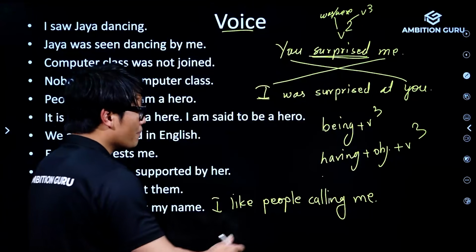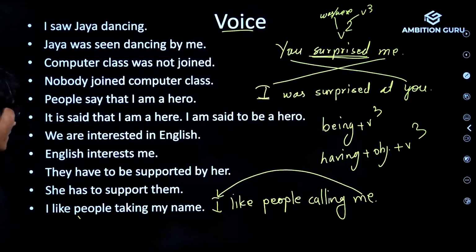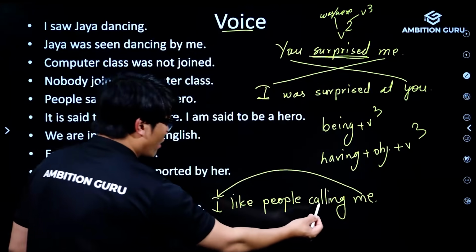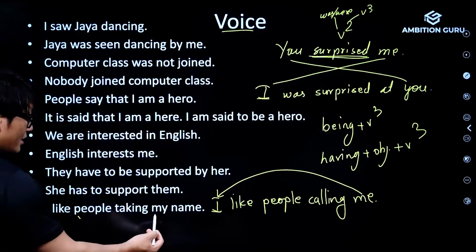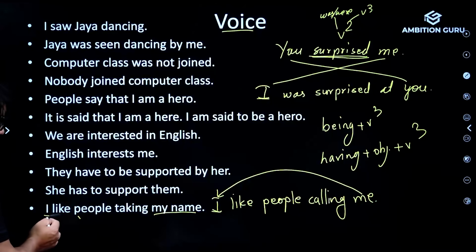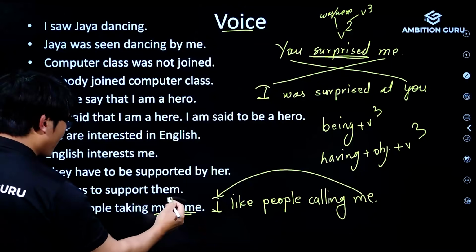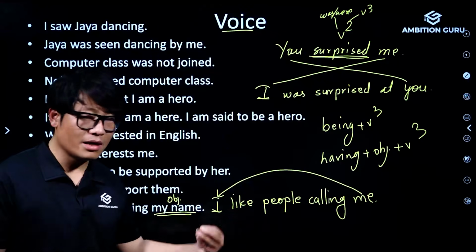So "me" means who? Obviously the speaker. But taking is followed by my name, so we are not going to connect it to the speaker. We are going to take this as an object. Clear?